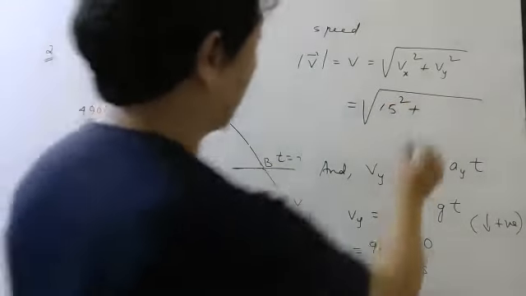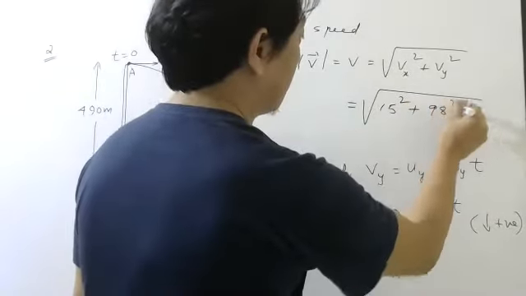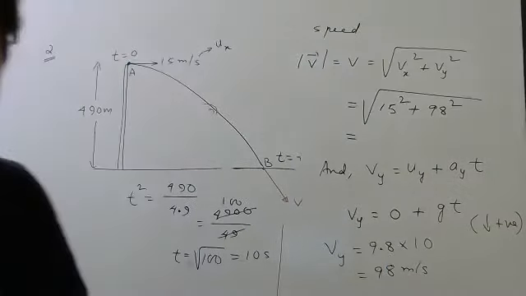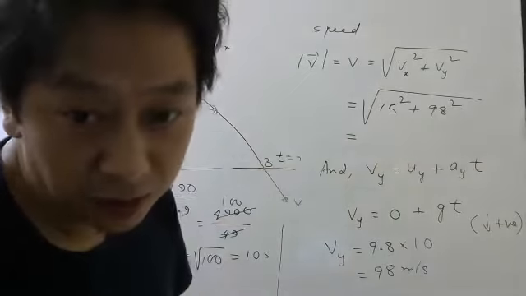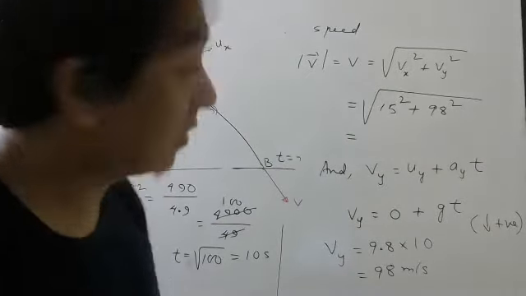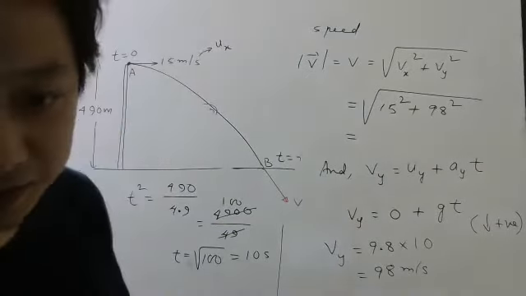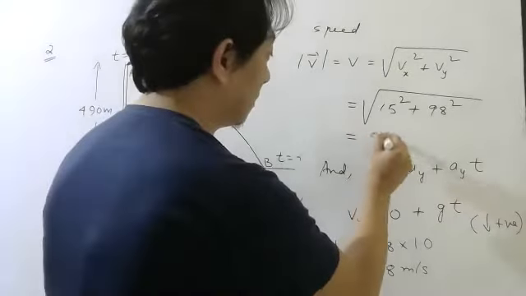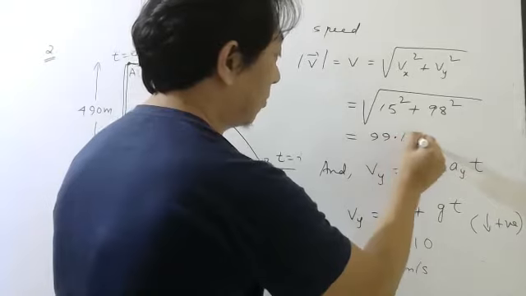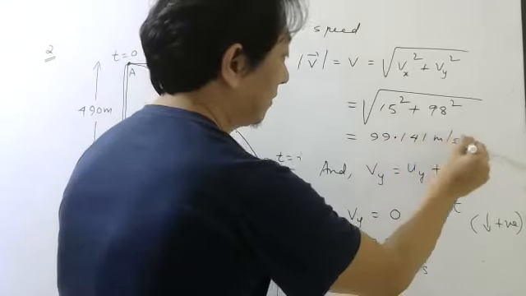Vy is 98. Somebody tell me the final answer. Square them, add them, take the square root. 99.141. Others also check once. Sujal is saying 99.14. Okay. 99.141 meter per second.